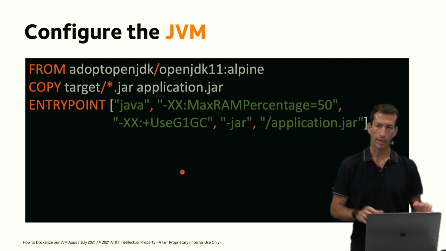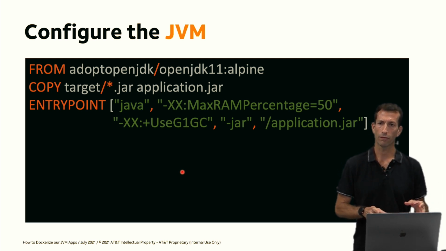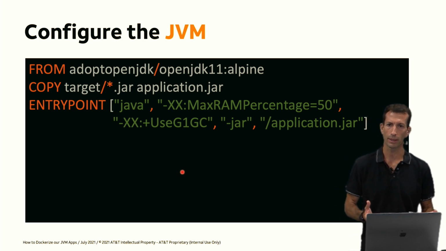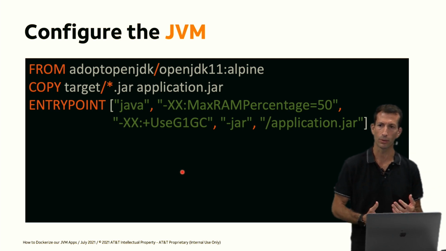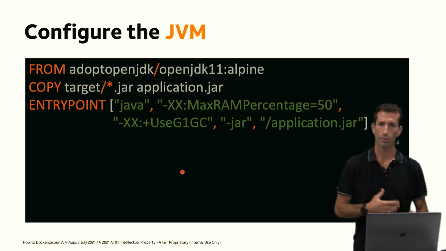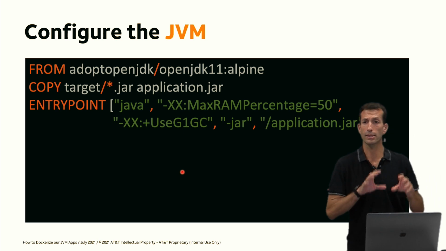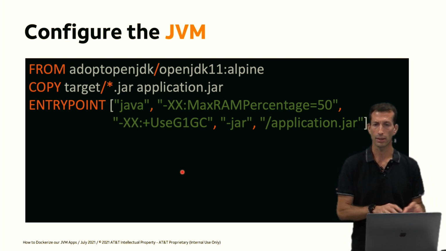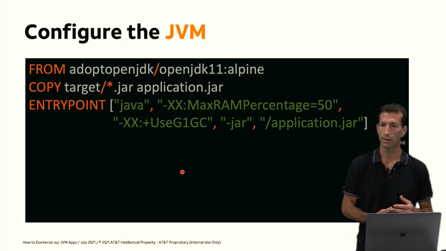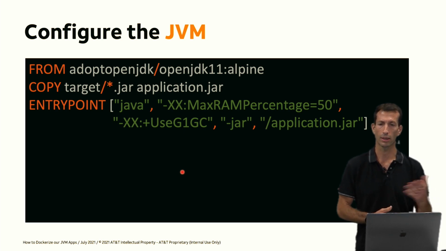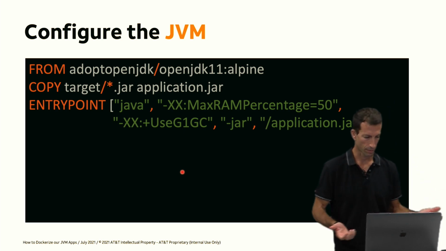But the way I did it here is I hard-coded my configuration into the Docker file, which is actually not a very good way to do it, because it doesn't allow me to change my configuration per environment, which is something that I very, very often need to do. Not necessarily with these two flags, but other flags sometimes need to vary. It may even be a proxy configuration, proxy.host and proxy.port, stuff like that.